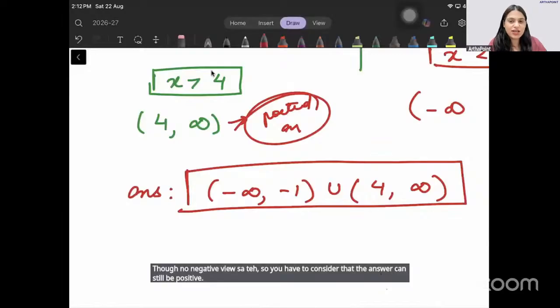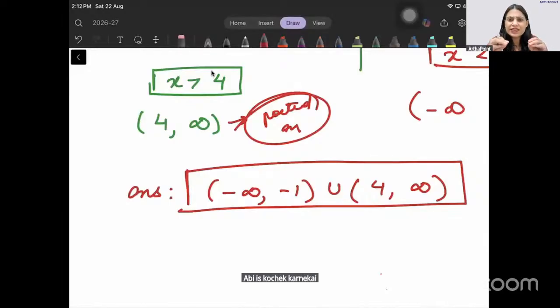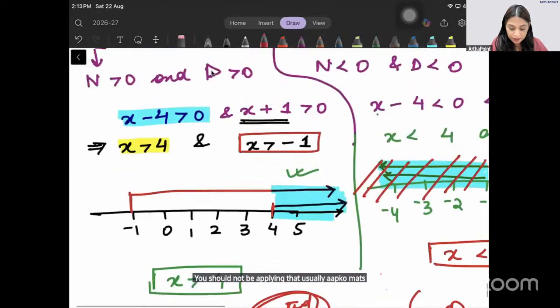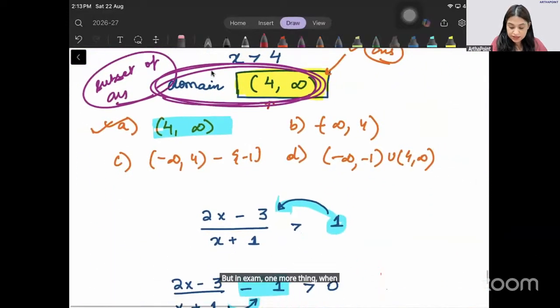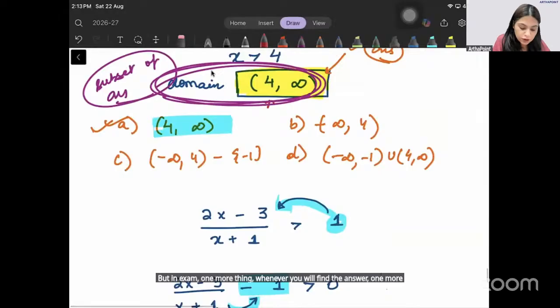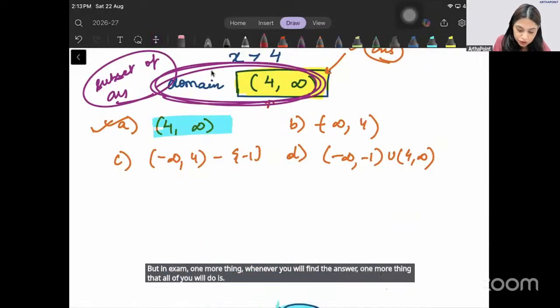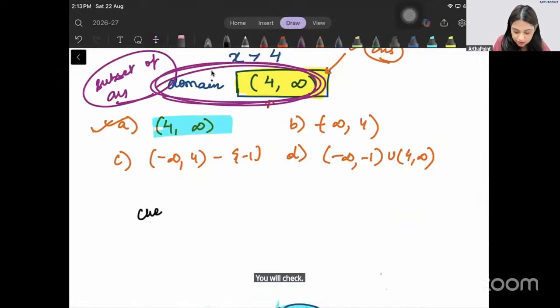Now there is a super easy method to check this. You should not be applying that usually. You should know the math, but in exam, one more thing, whenever you find the answer, all of you will check if it is satisfying the inequality.